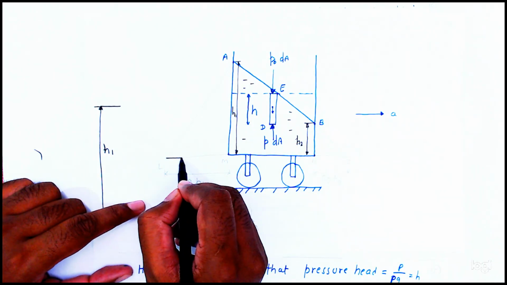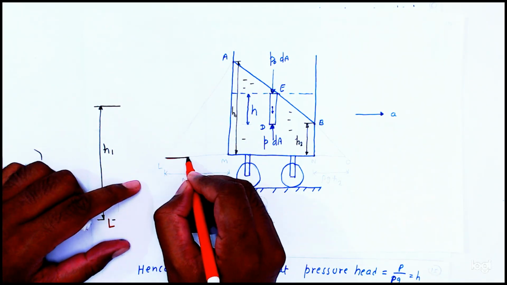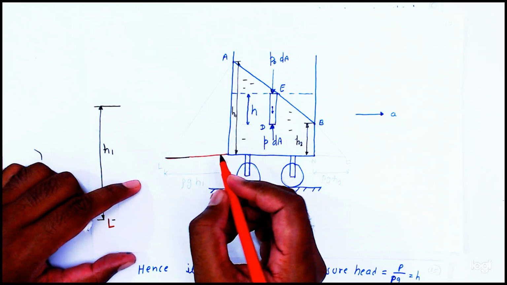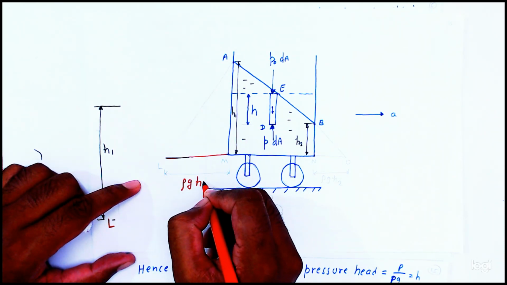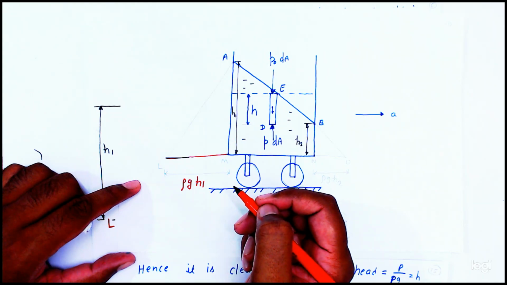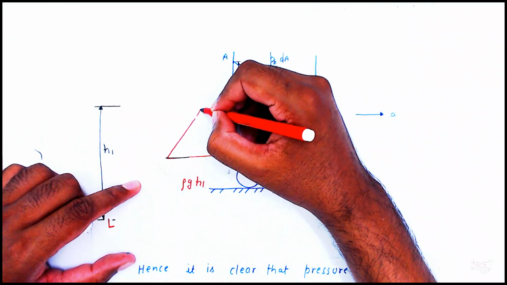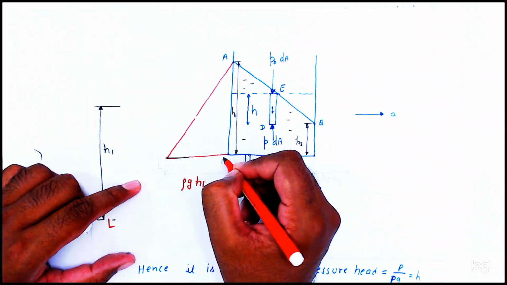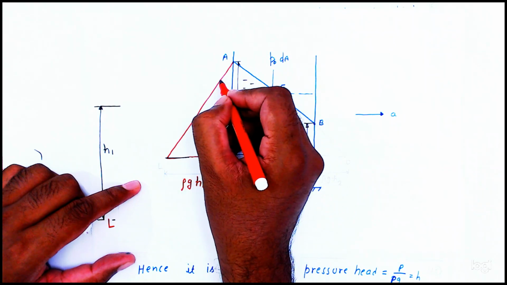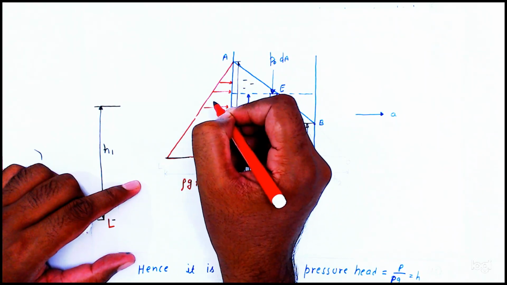If you draw the pressure diagram, this is the pressure, it is equivalent to rho g into h1 at this point, and it will be like this. At this point pressure is 0 and at this point pressure is maximum, so it will work like this.